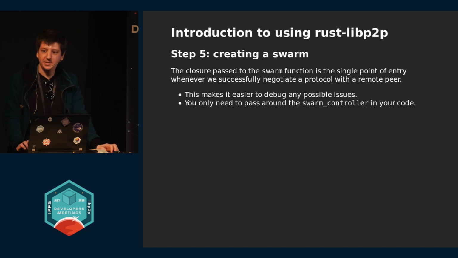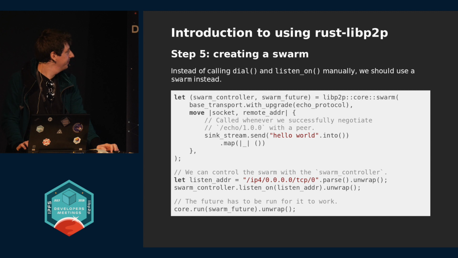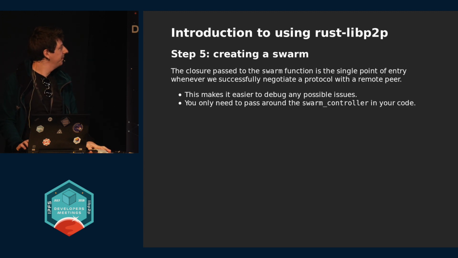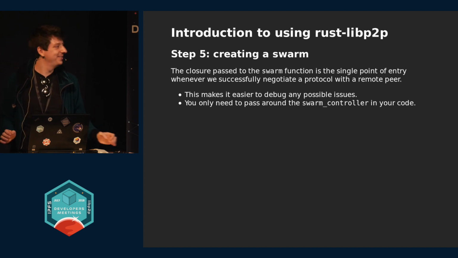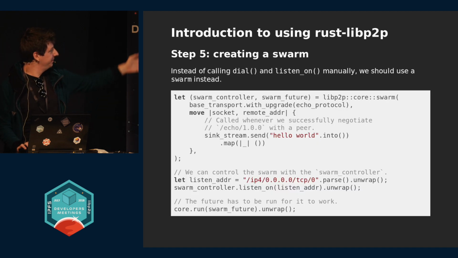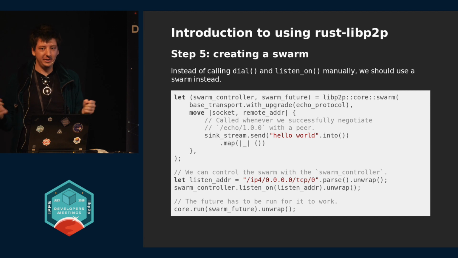The reason why we designed it this way, so that you have this swarm, is that you have a single entry point for every single connection you negotiate with a dialer or a listener, and this makes things very easy to debug. Note how the user of a library has complete control of everything that happens once something has been negotiated. You can do anything you want.